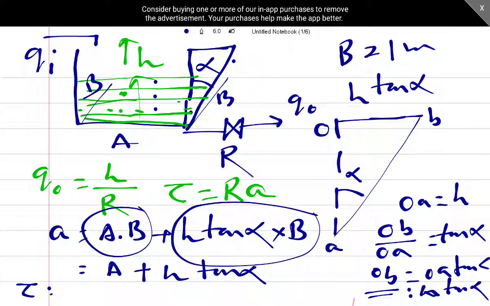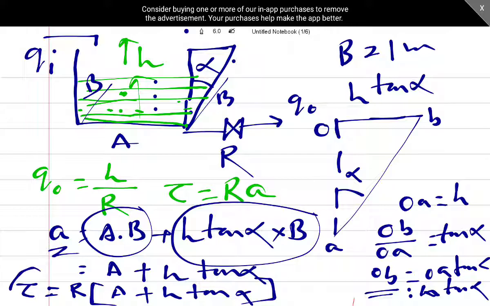Tau is given by r into a. So, the time constant is given by r into this small a. Small a we have obtained, this is a plus h tan alpha. This is the value of the time constant.